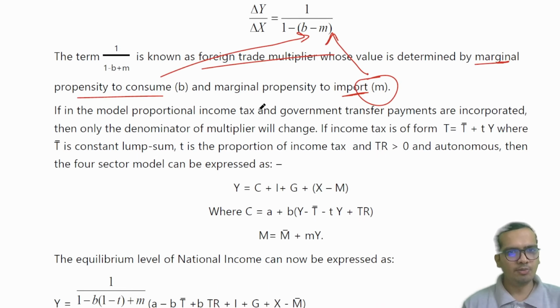If proportional income tax and government transfer payments are incorporated in the model, then only the denominator of the multiplier will change. If income tax is of the form T equals T bar plus t multiplied by Y, where T bar is a constant lump sum, t is the proportion of income tax, and TR is greater than 0 and autonomous, then the four sector model can be expressed as Y equals C plus I plus G plus X minus M, where C equals a plus b multiplied by (Y minus T bar minus tY plus TR).